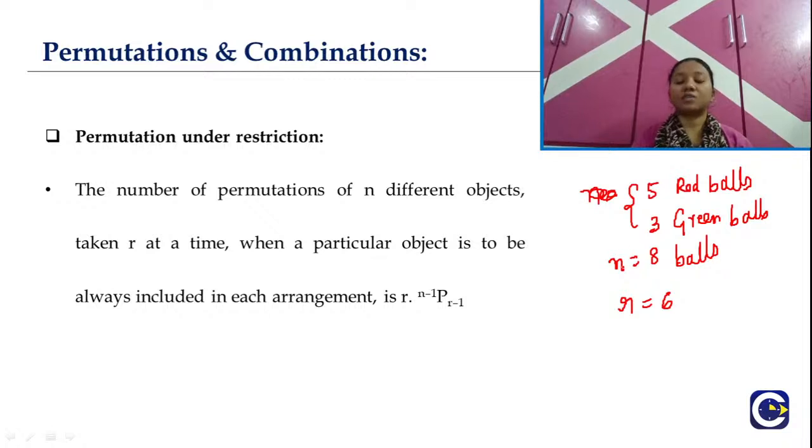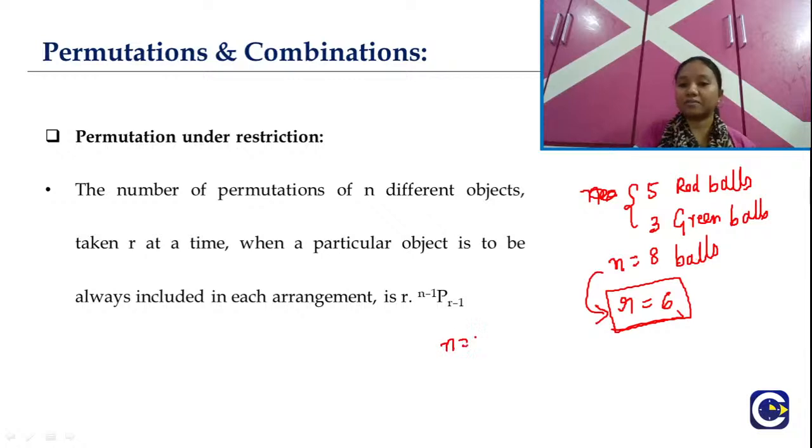But I have to select only 6 balls. So from a total of 8 balls, I have to take 6 balls in which one red ball should be there for sure in that arrangement. So I'll take one red ball outside and include that in my arrangement.